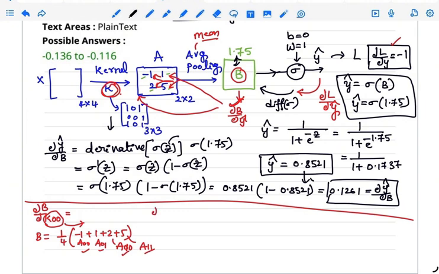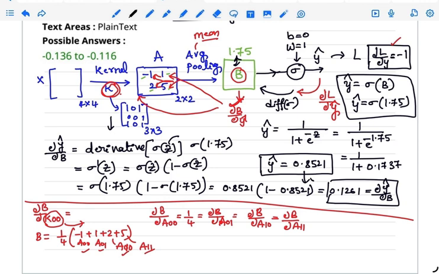So the derivative of b, that is the gradient dou b with respect to dou A00, is 1 by 4. Same for dou B by dou A01, which is also 1 by 4, and dou B by dou A10 also 1 by 4. Dou B by dou A11 is also the same value, so all are equal. That is the derivative of B with respect to the individual elements, that is pooling.